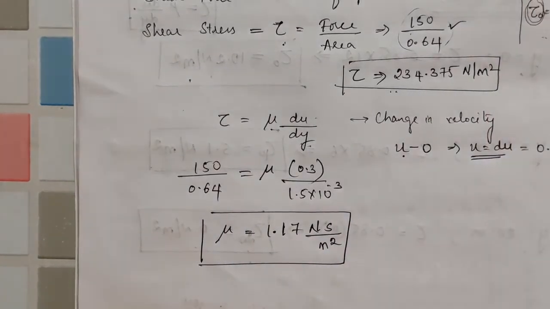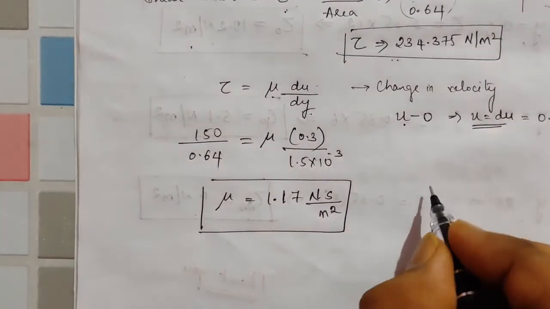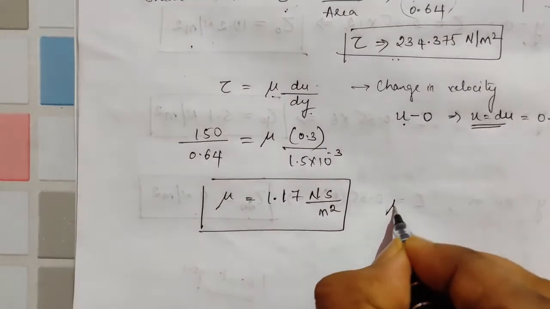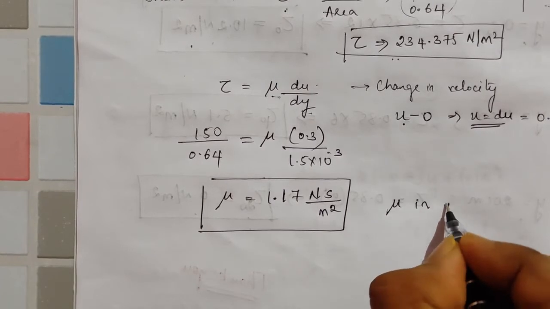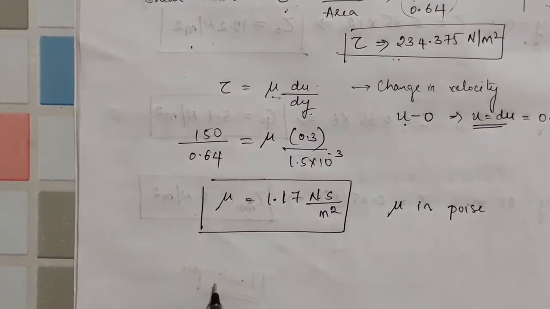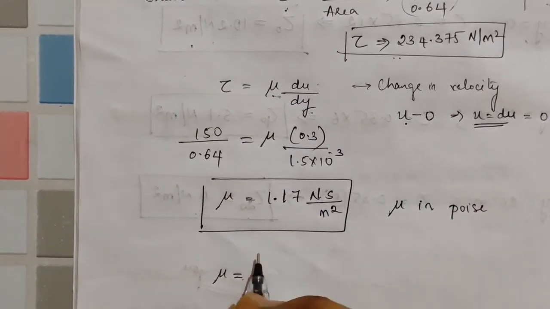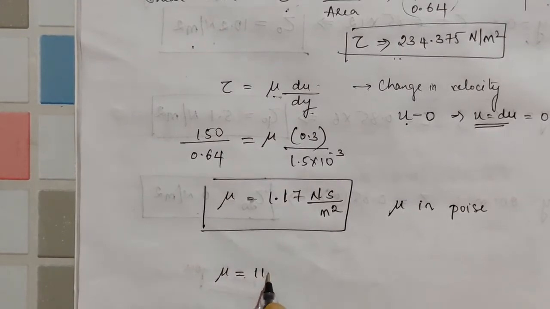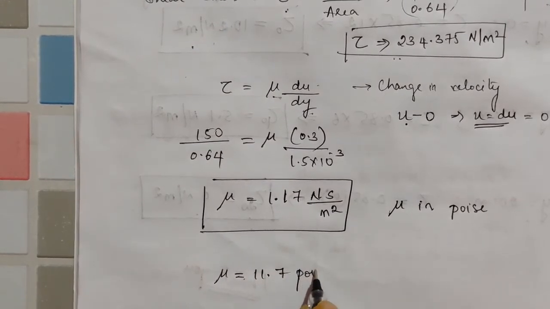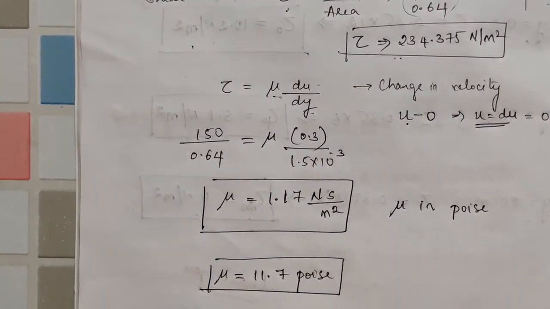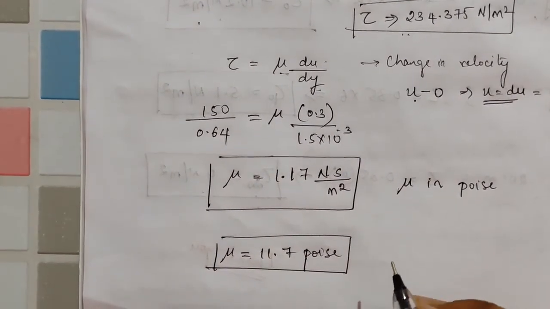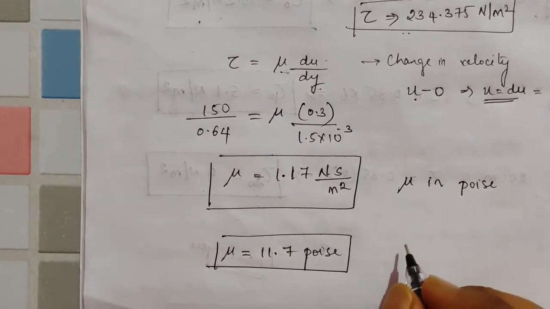If in some of the questions they purposely ask to give the value of mu in the other unit, as I discussed in the last class, poise, then it would be 11.7 poise. Now don't ask how, because I already discussed it with you.